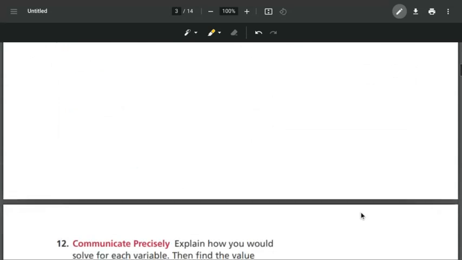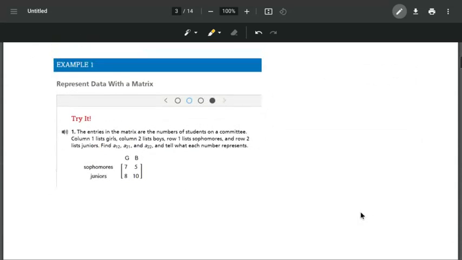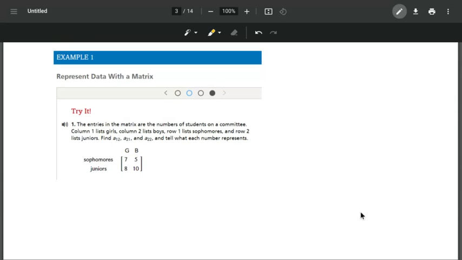Let's see what else we can do with matrices. In example 1, we're having to take a situation and organize it with a matrix. And really that's what matrices are used for. They're not just random numbers arranged into a rectangle. Usually you'll see them in the form of spreadsheets where you have numbers that represent maybe 2 or 3 different characteristics all put into one thing.